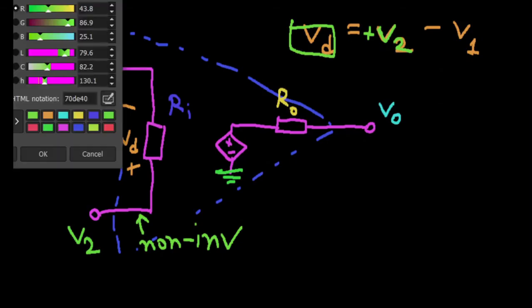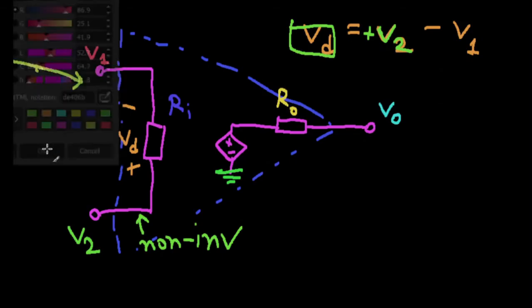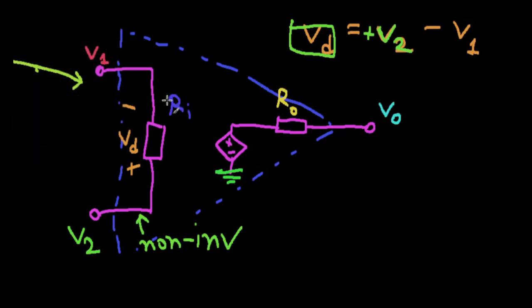But the inverting input, what do we do with that? We take the inverting input and we flip it. We actually change its sign, reverse its sign. So we make it negative and then we add it. Basically we're subtracting, but you could think of it as making it negative, or inverting it.